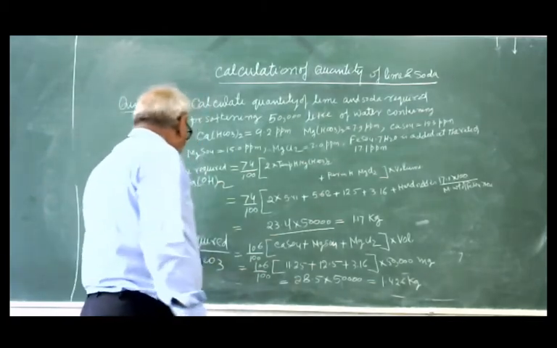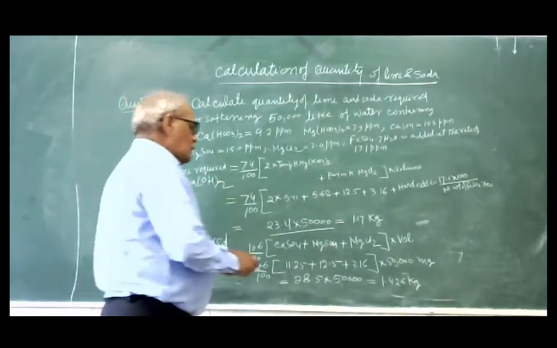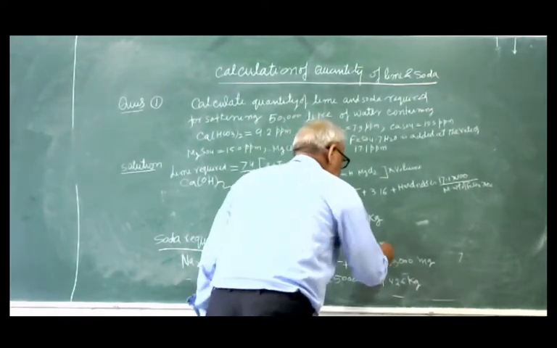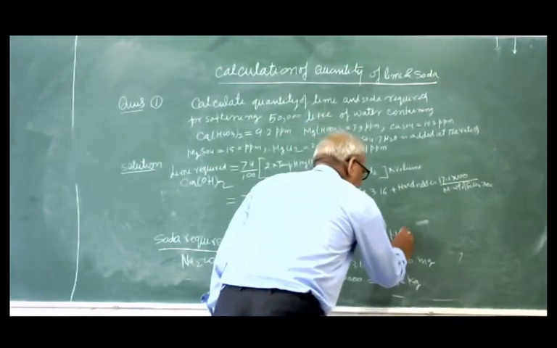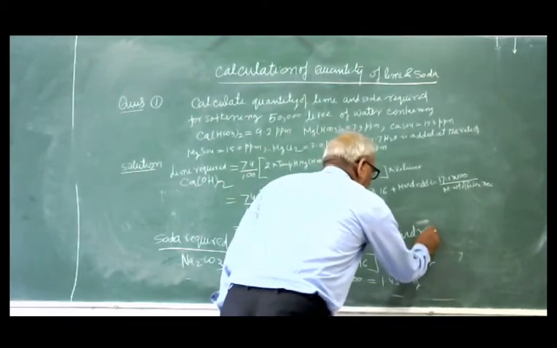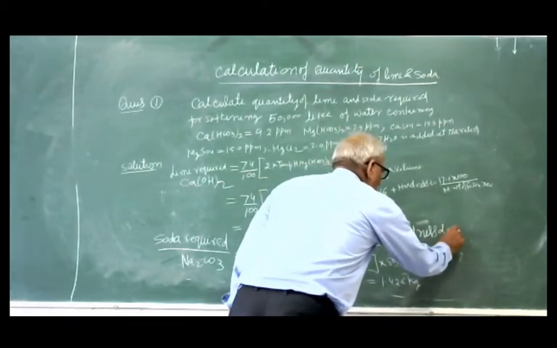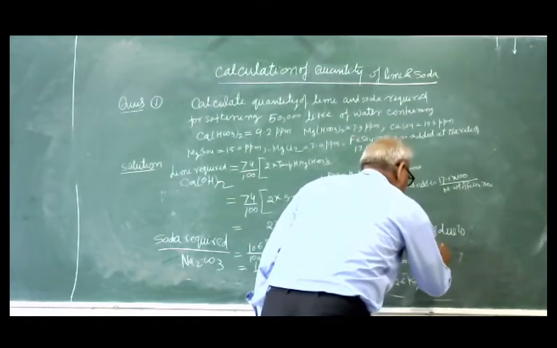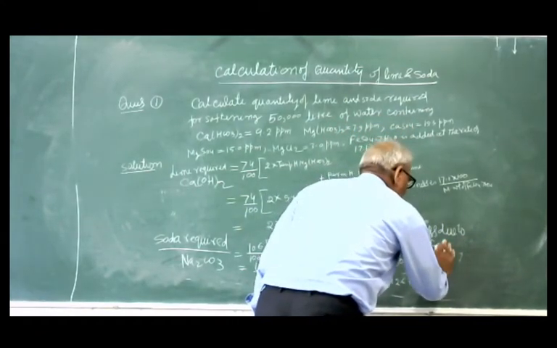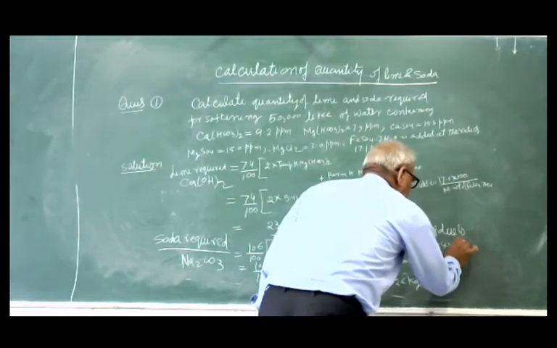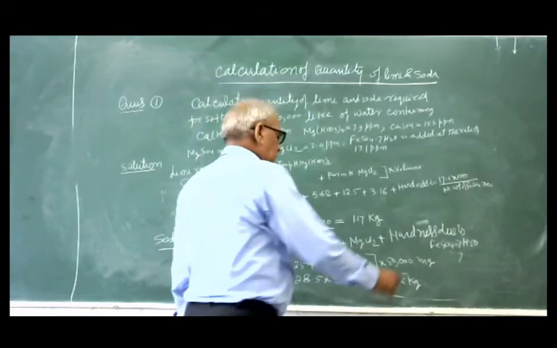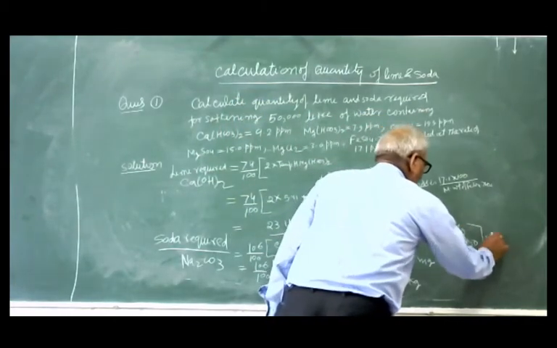Exactly for soda required, you have to put the hardness here plus hardness due to FeSO4·7H2O, and multiplied by volume.